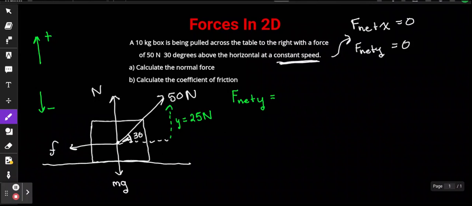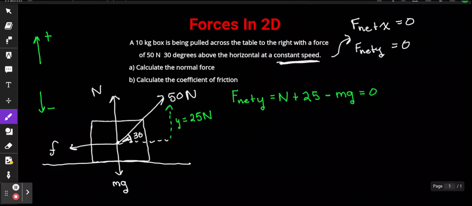Okay, so we know that our normal force plus our 25 newtons, because both of these are pointing up, meaning this is in the positive direction, minus our weight, mg, is supposed to be equal to 0 because our F net y and F net x are 0, meaning that we are at a constant speed, no acceleration. So we have to solve for what our normal force is.